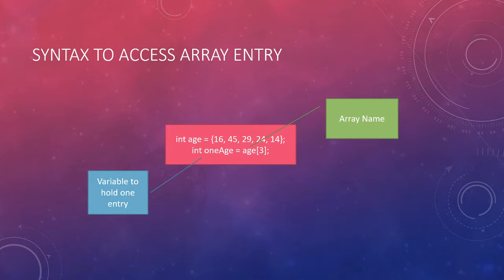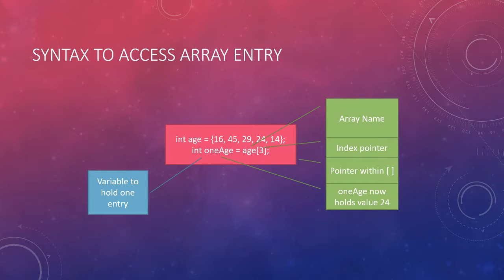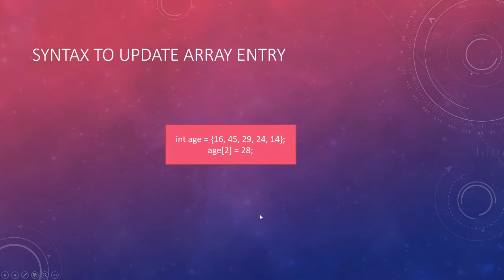First, we use our array name, followed by our index pointer, which is always enclosed within the square brackets. And then our one age variable will now hold the value 24 because it is what's at position 3: 0, 1, 2, 3. So don't forget to start counting with 0.